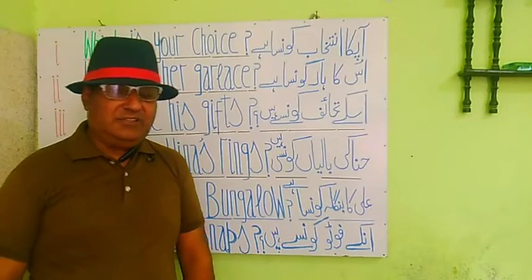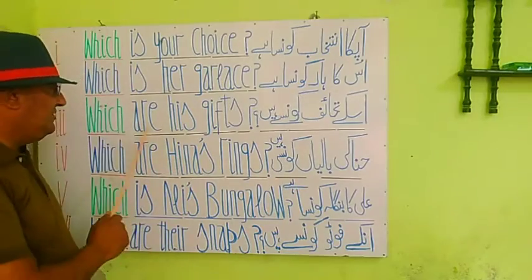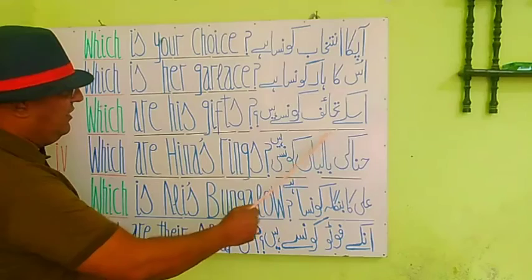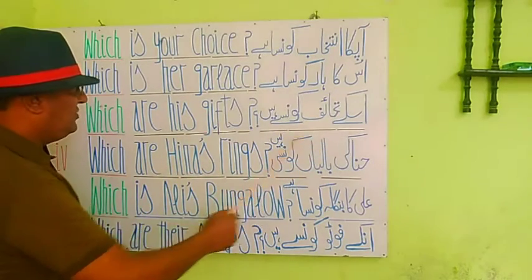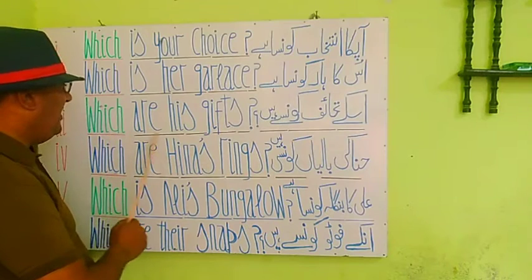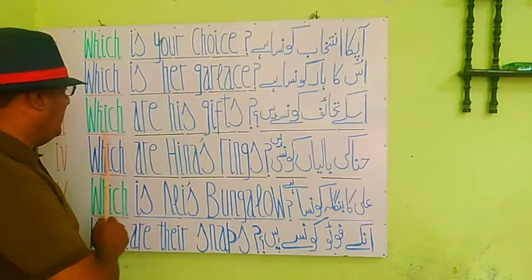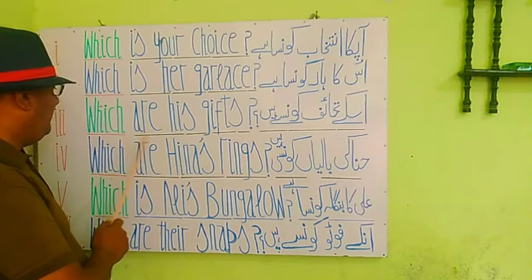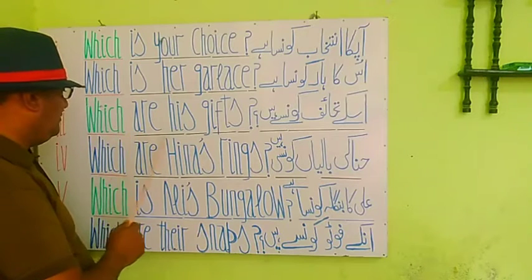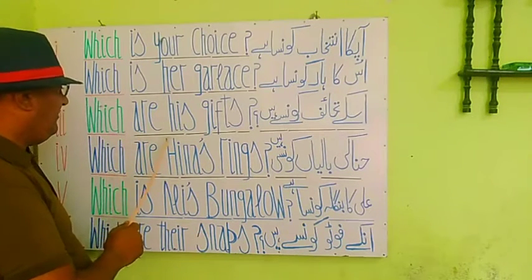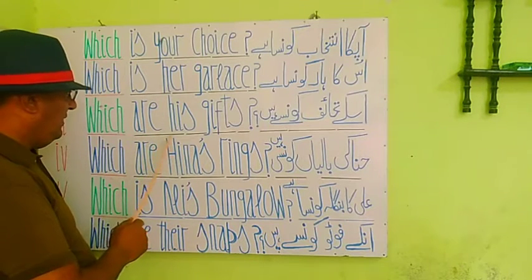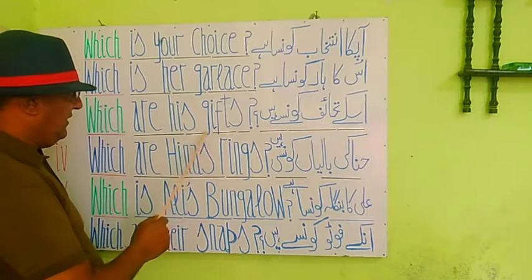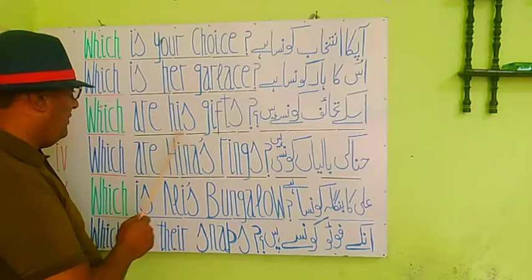And let's see the next phrase. You see the next one is: Which are his gifts? उसके तोहफे कौन से हैं? In this statement, you see that which is used as an interrogative adjective. Are is a helping verb used for plural nouns, and gifts is plural.